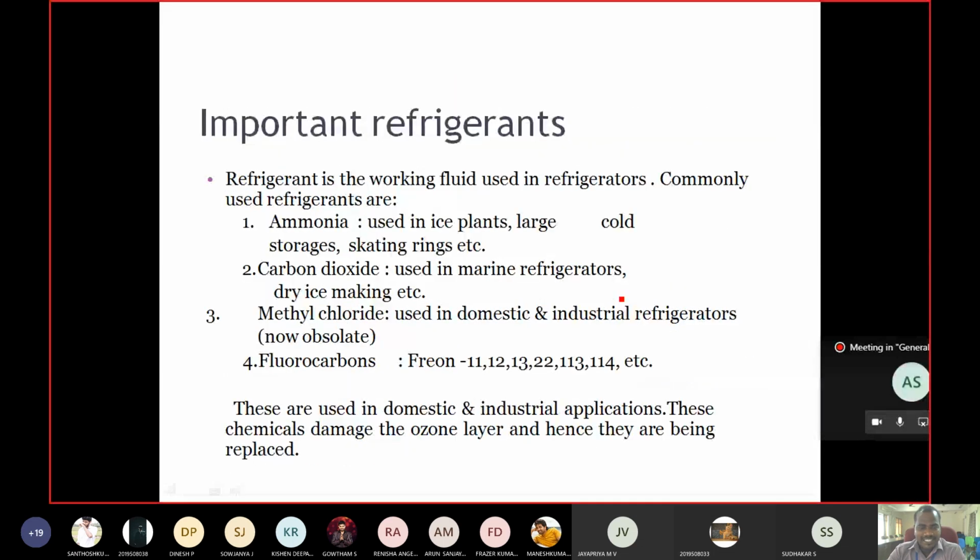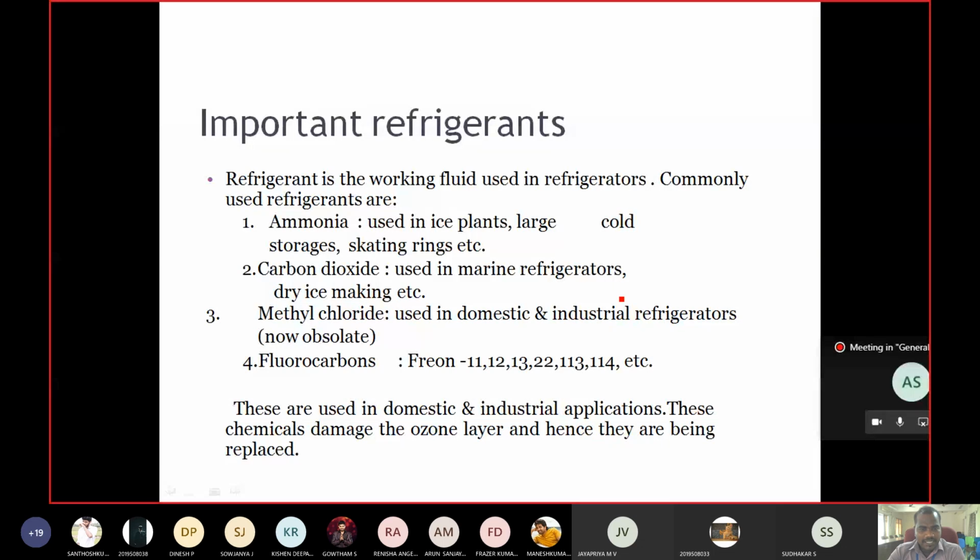Then the importance of refrigerants: the refrigerant is the working fluid used in the refrigerators that you know. The commonly used refrigerants are, first, ammonia, which may be used in ice plants, large cold storage, and skating rinks.